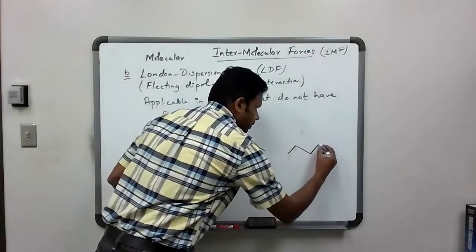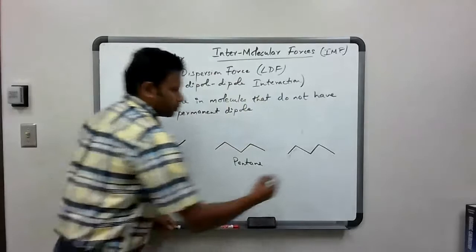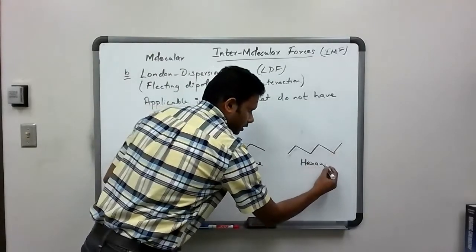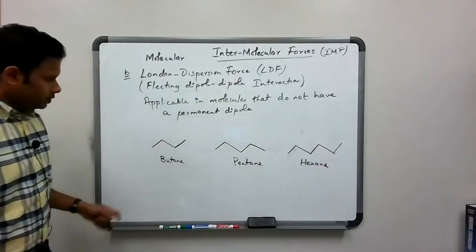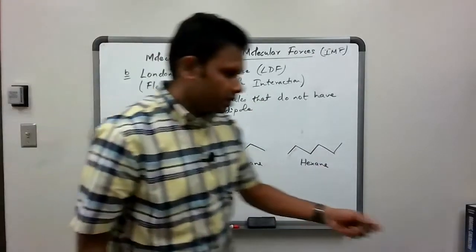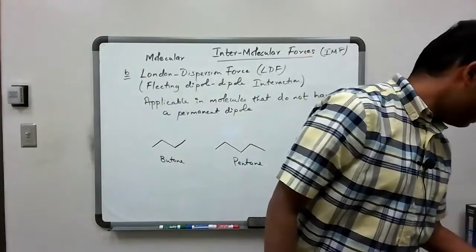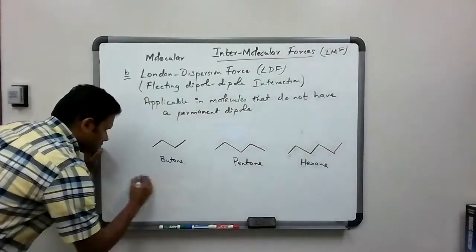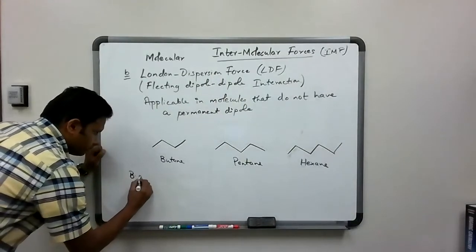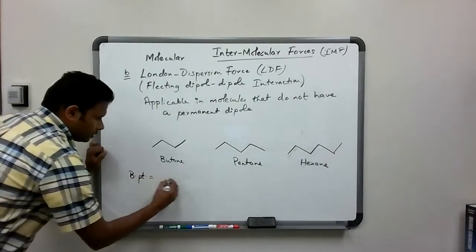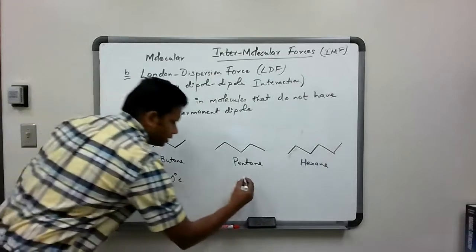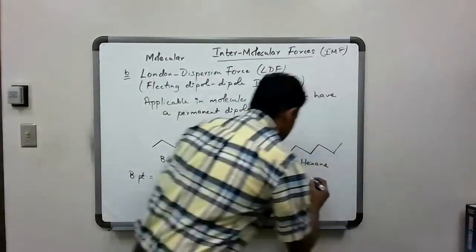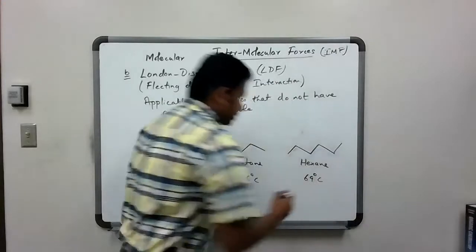I think at this point, the concept itself is more important. So understand the concept. And hexane. Okay, so we have butane, pentane, and hexane. Let me get the numbers from the textbook. Okay, so again, we're talking about boiling points, 0 degrees, 36 degrees, and 69 degrees.